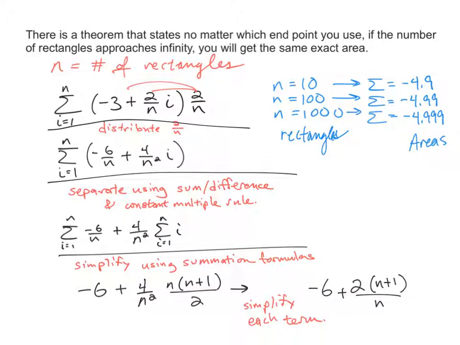And with 1,000 rectangles, we get even closer to the exact area, -4.999. Now you might be guessing that as n goes to infinity, the sum will go to -5. This is exactly the idea of what a limit is. So in the next couple examples, you will see some limits as n goes to infinity of some summations.